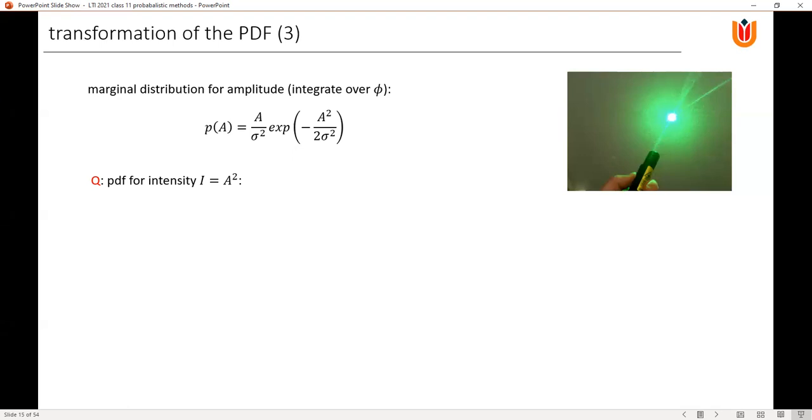So first, we now know the probability distribution function of the amplitude, and we want to know it for intensity. So we need another coordinate transformation. We need to calculate the determinant of the Jacobian matrix for that. So what is the Jacobian that we need to calculate now?